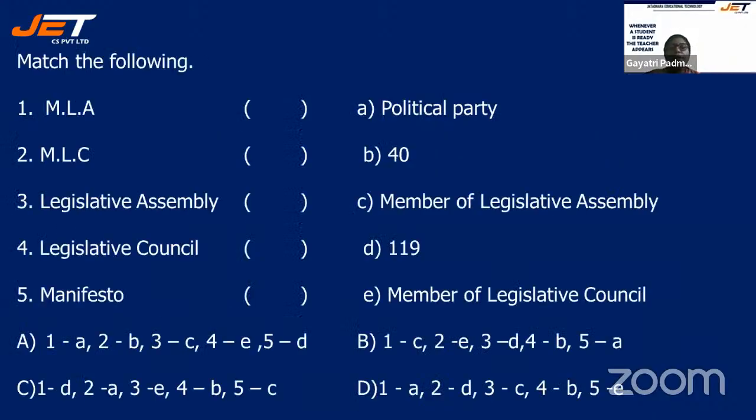Now let's move on to the match. MLA, MLC, Legislative Assembly, Legislative Council, Manifesto. Towards the right, you have political party, 40, member of Legislative Assembly, 119, member of Legislative Council. Your 15 seconds is running. Quickly do it.